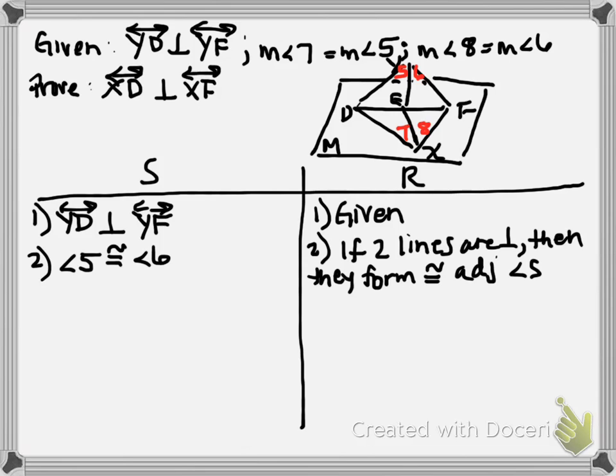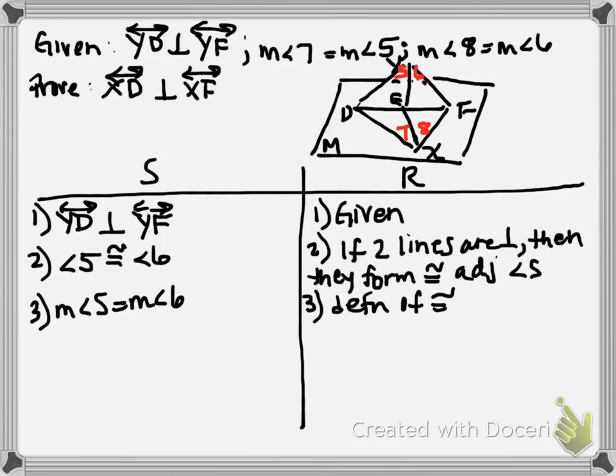Okay? Now, in order to have step 2 talk with the other givens, I'm dealing with measures, so I'm going to have to go into measures. So measure of angle 5 equals measure of angle 6. And that would be definition of congruence.